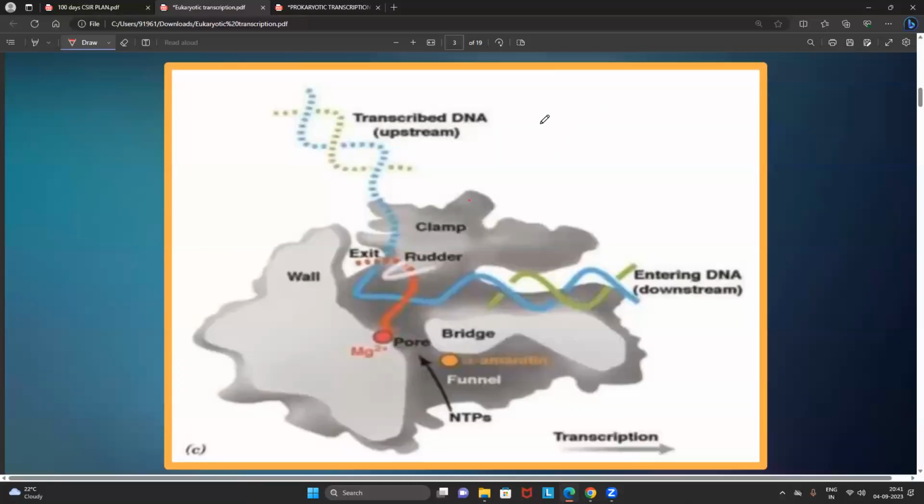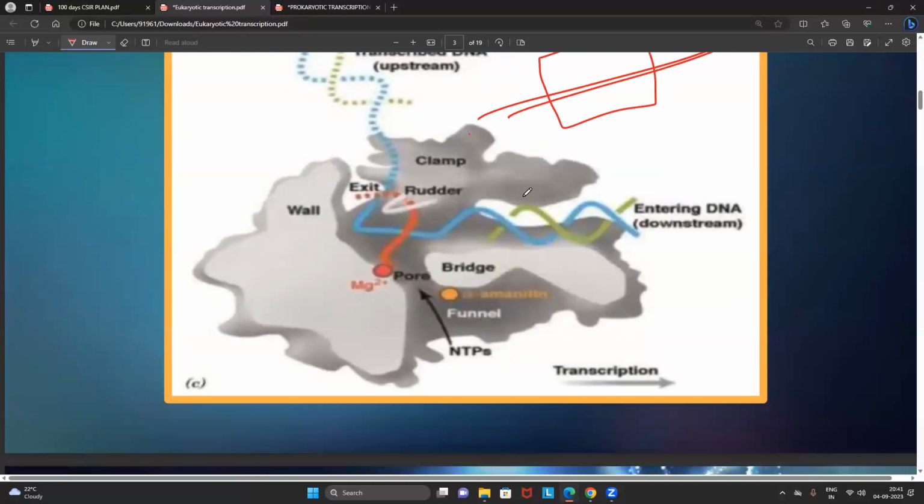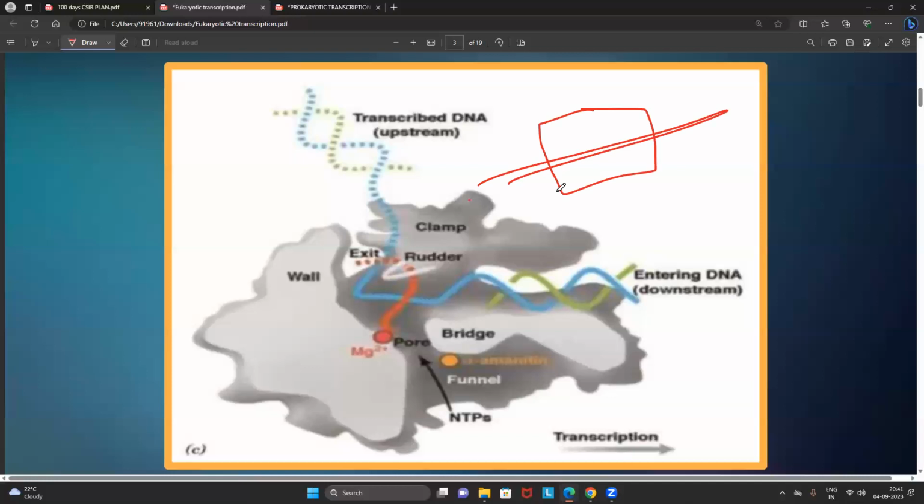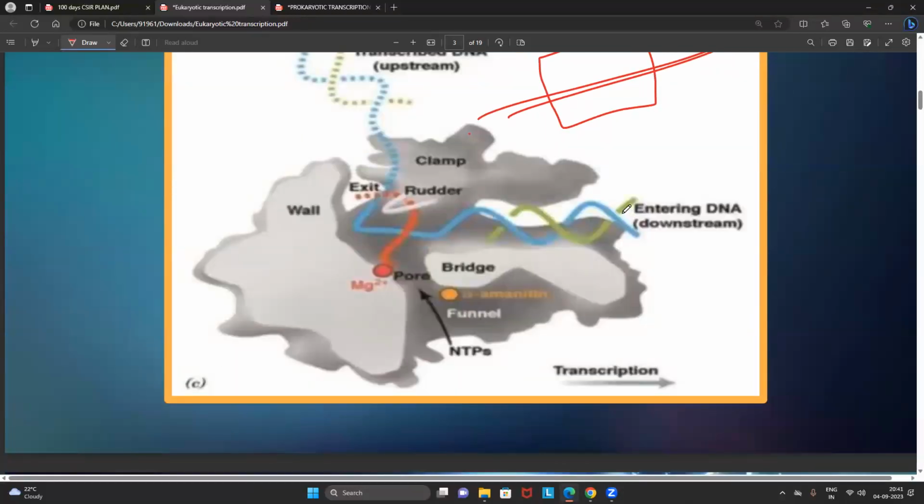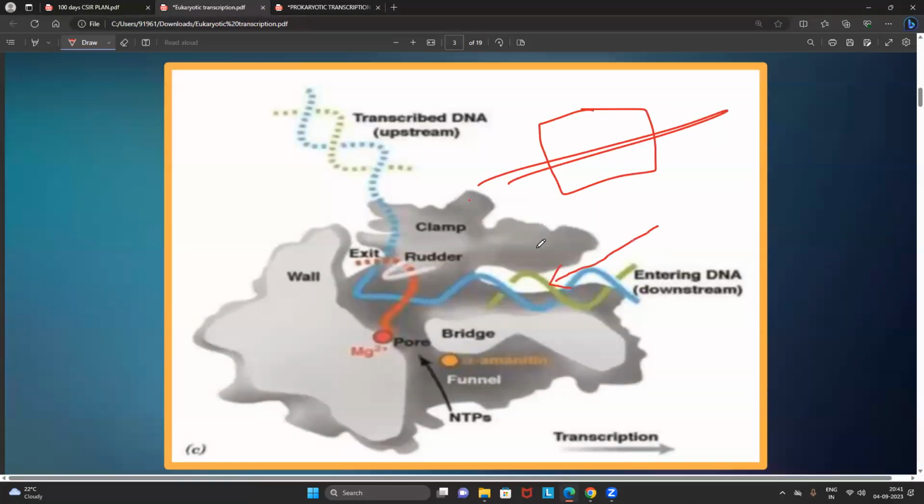Suppose this is the RNA polymerase enzyme. You do the cross section. When you do the cross section of an RNA polymerase enzyme, you can observe many channels, same as before. One is called the downstream channel, correct? This is called the exit channel. What is the meaning of exit channel? Through which RNA goes out, correct? One is called the template strand, another one is called the non-template strand.